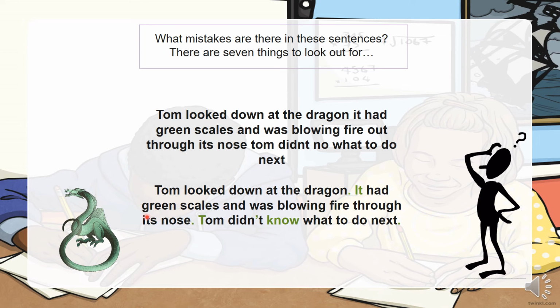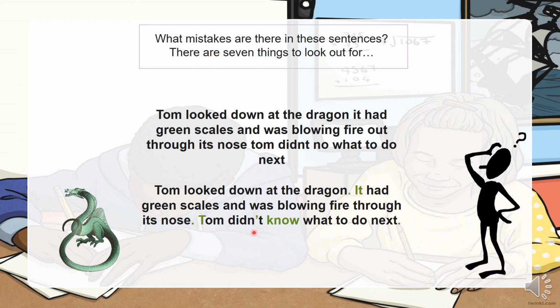It had green scales and was blowing fire through its nose. All fine again, apart from the fact that after nose, we need a full stop to show that this is the end of our sentence. And then Tom needs a capital letter, not only because it's the start of a sentence, but because it's a proper noun, and we know that names need capital letters.